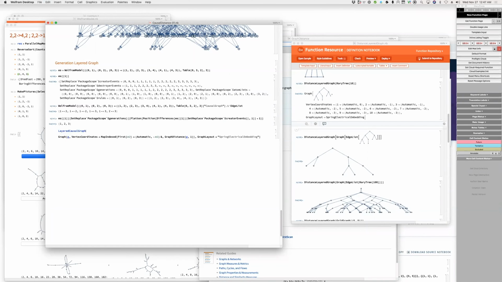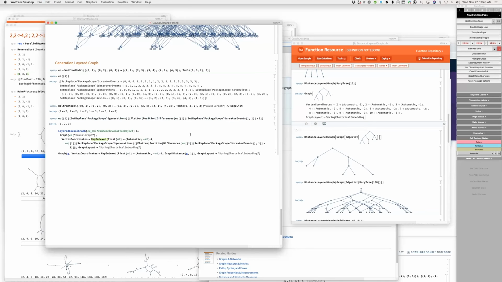Layered causal graph of EO, which is a Wolfram model evolution object, goes to... okay, so instead of graph distance here, we have this jazz here, correct? Is that right? I think so.